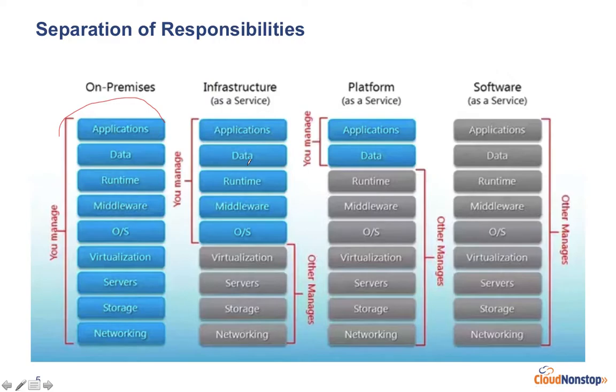So networking, storage, servers, virtualization, all of that is taken care of by AWS, Azure, Google, those vendors, and then you simply have to take care of everything from the operating system onwards. So lesser work for you as a business, and even for managing the bits that you are responsible for, from the operating system onwards, you could engage managed service providers.